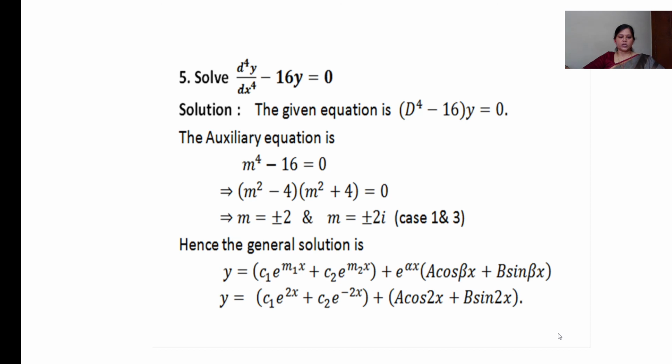So the general solution becomes y = c1 e^(2x) + c2 e^(−2x) + e^(0x)(A cos 2x + B sin 2x). Here the alpha value is 0, so e^0 is 1. That's why we are taking A cos 2x + B sin 2x for the complex roots. So the general solution we got is like this for this problem.